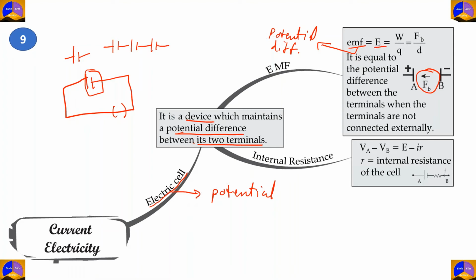We represent it by E, which is equal to W divided by Q. W stands for work, Q stands for charge, F stands for force, and D stands for distance. And this quantity distance is the distance between the terminals A and B.